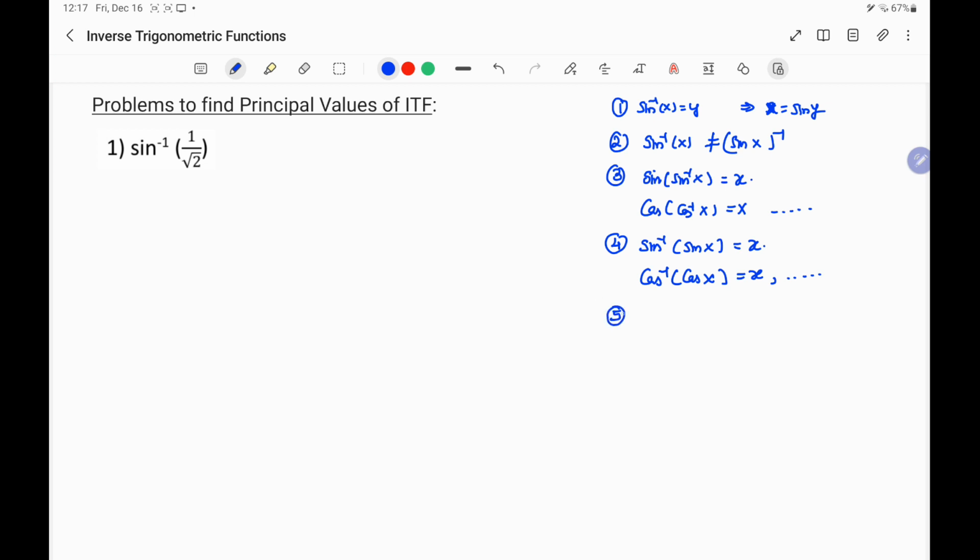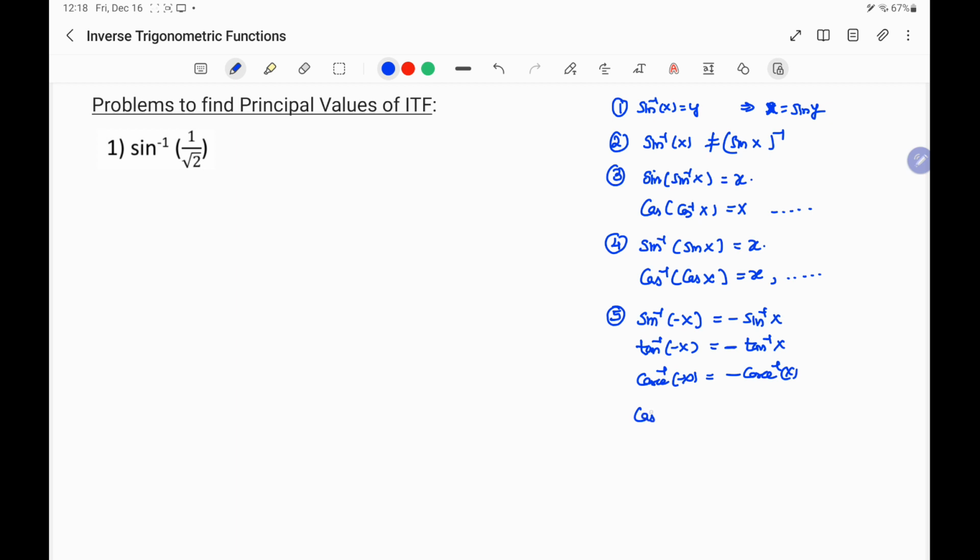Fifth point is, if we have sine inverse of minus x, it can be written as minus of sine inverse x. Then tan inverse of minus x will be equal to minus of tan inverse x. And cosec inverse of minus x is equal to minus cosec inverse x.